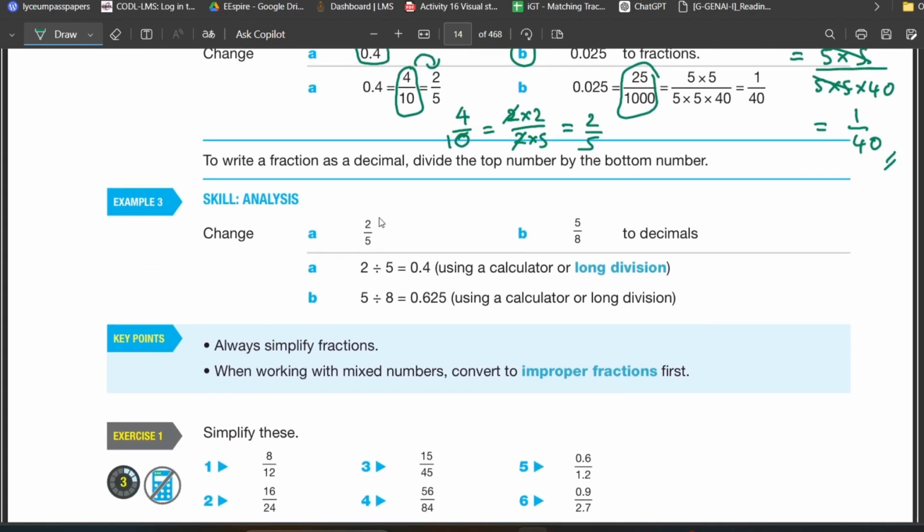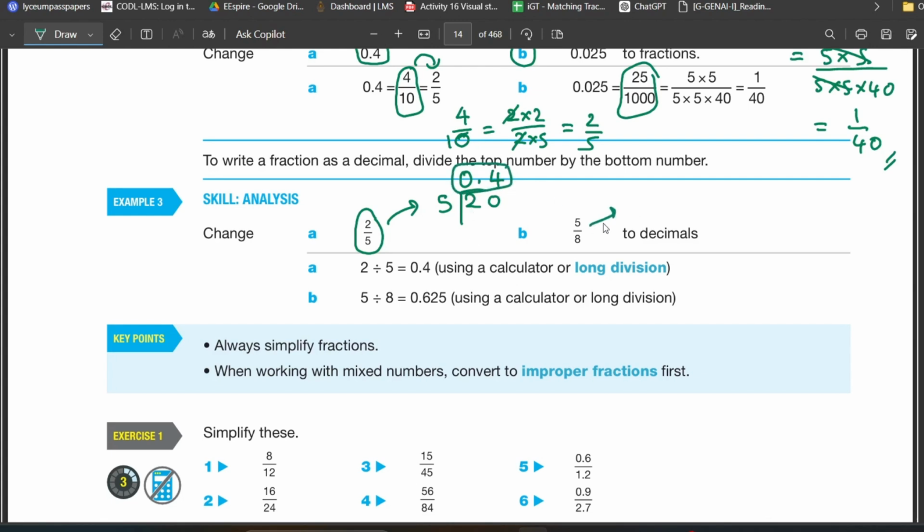And this one we have to change into a decimal. Okay, so we can write this as a decimal using long division. So 2 divided by 5, 0. We look for 20, we get 4. So this is the answer.